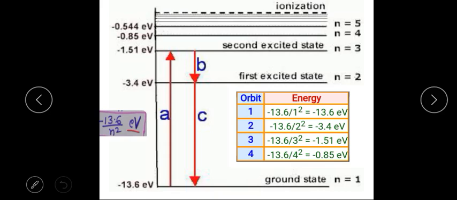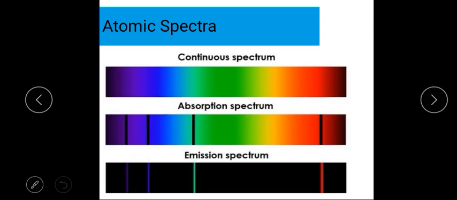When the atom is in the excited state, after a short interval of time it comes to the ground state by emitting the energy in the form of electromagnetic radiation. Now, with all these discussions, to discuss the spectral series of the hydrogen atom, we need to discuss what an atomic spectrum is and what the important types of atomic spectra are.